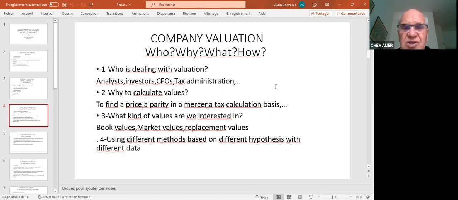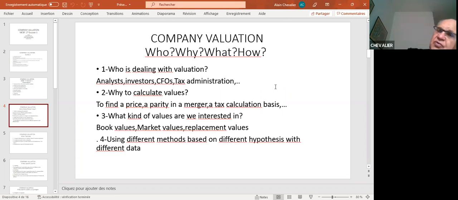They can also be interested in a value in the short term, and some others are interested in long-term values. Long-term investors stay 4, 5, 6, 10 years sometimes, and short-term investors can stay a very limited number of months, for example. So their calculations and their methods will be different. The difficulties in making the calculations will also be different.